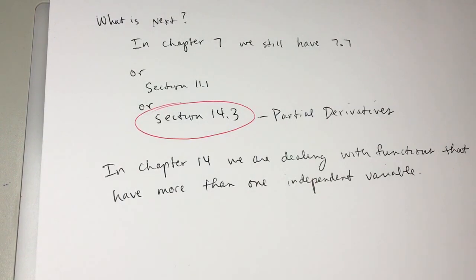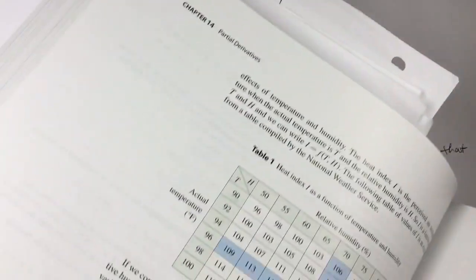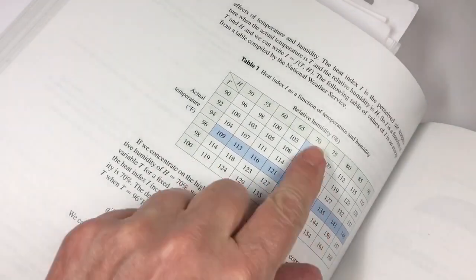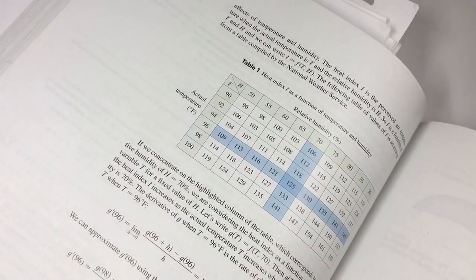And they have a little example in your book here of where you might have two independent variables. This is on page 912. So maybe the temperature, I'll turn it sideways a little bit. The temperature, the actual temperature with the relative humidity.